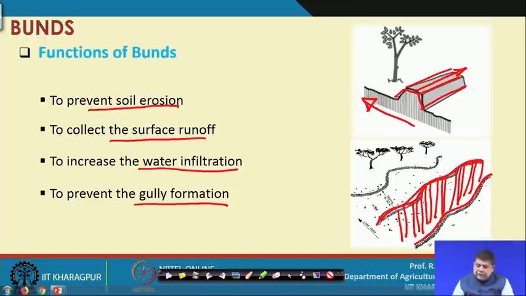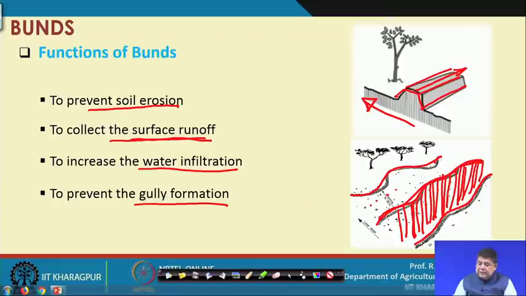Same is true, whatever rainfall will occur here, that will be stored between this and this bund. So, that is what we are doing: we are basically preventing the flow of water, and that is how this function comes, that is to collect the surface runoff. So, surface runoff gets collected between the two bunds, whatever rainfall occurs.